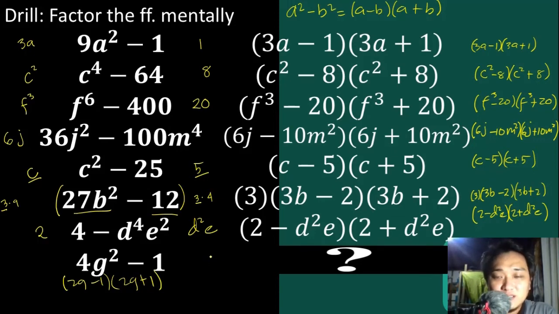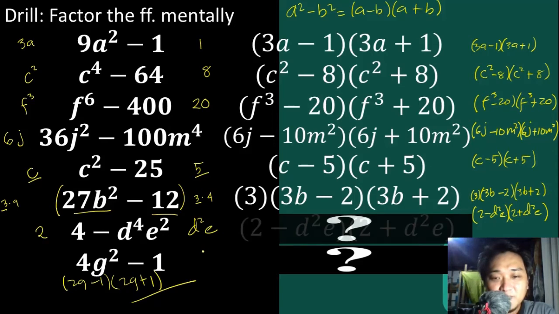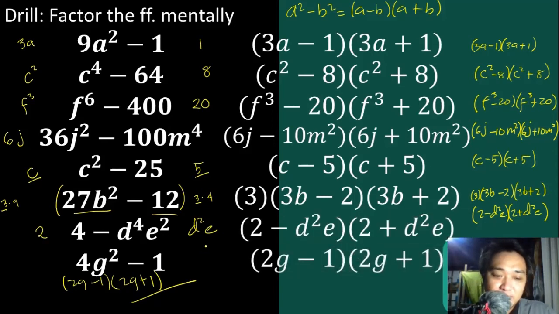Katulad ng ginagawa natin ngayon, parang ang bilis na natin, nakukuha agad-agad natin yung factor mentally, kahit hindi na natin sinosolve. It's because the technique there is kunin mo lang yung square root ng first term at saka kunin mo lang yung square root ng second term. Okay, check natin kung tama tayo. Ayan, so tama tayo.